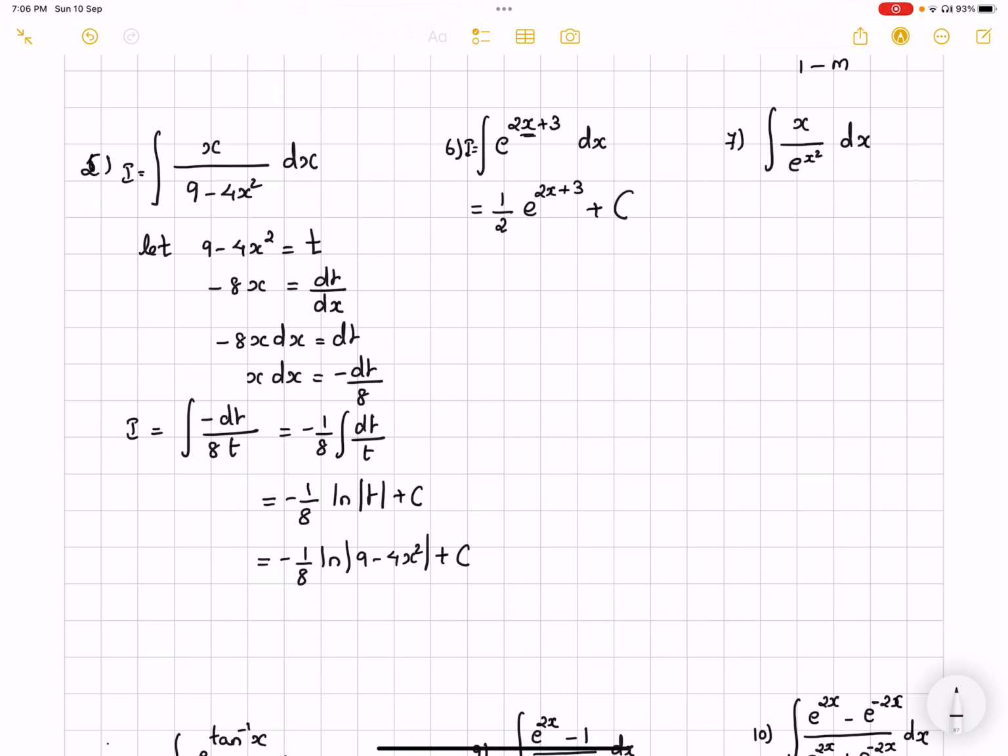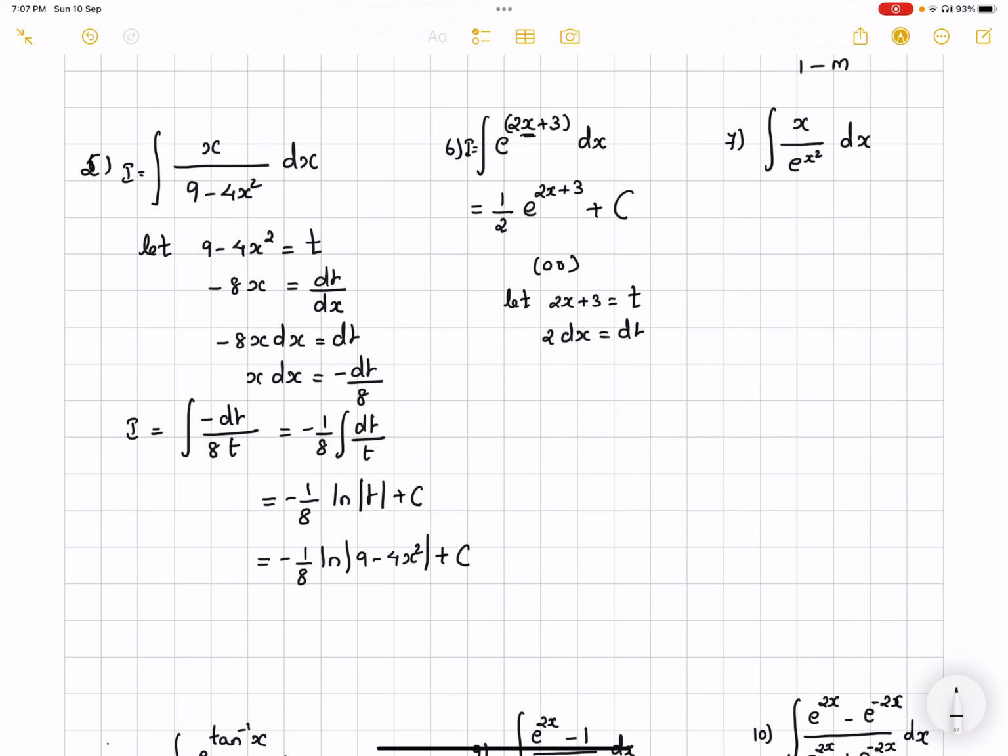If you are willing to do it using substitution, I'm not going to stop you. What you would consider is the one which is there in the power, 2x plus 3 is equal to t. It is something which is preserved, e raised to the whole thing, which you consider as t. Then when I differentiate it, I would get 2 dx is equal to dt.